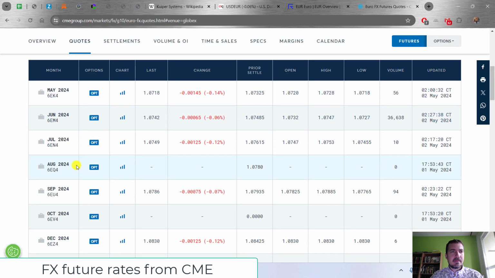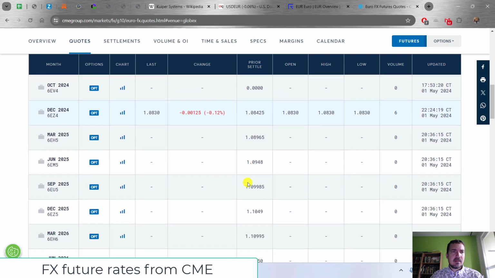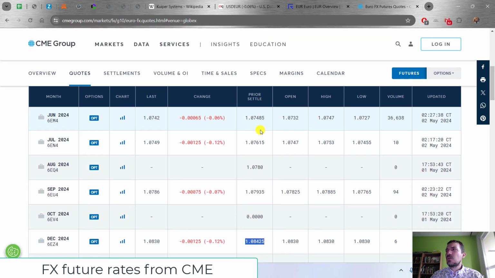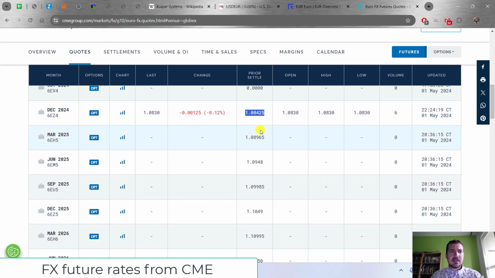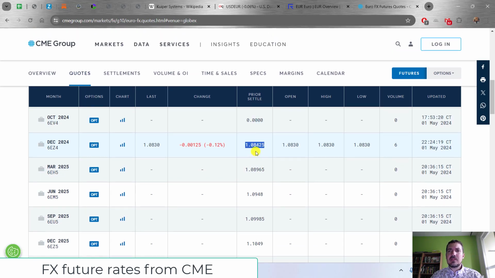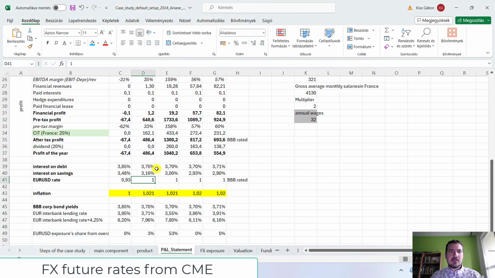Then let's go to the market, or we can say that, come on, we are closing our books at the end of 2024, so maybe this one is more reliable.